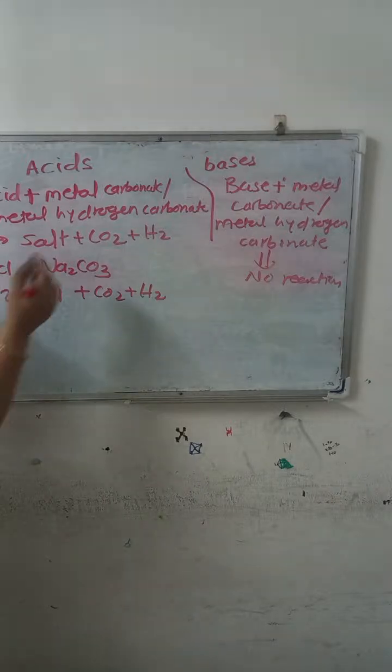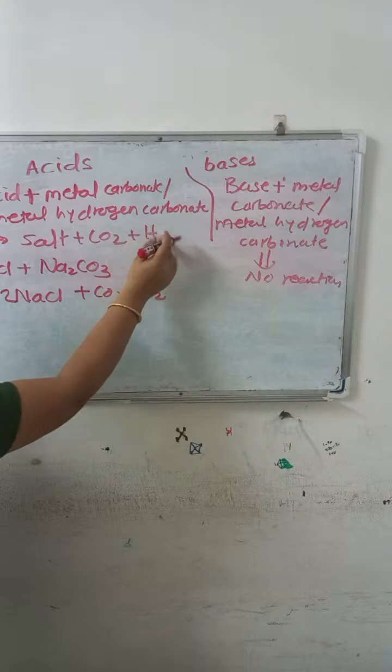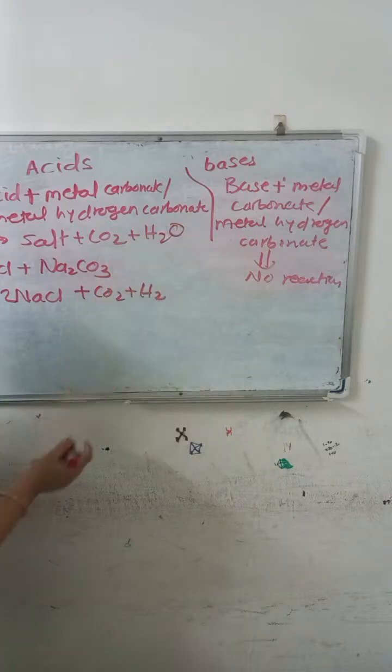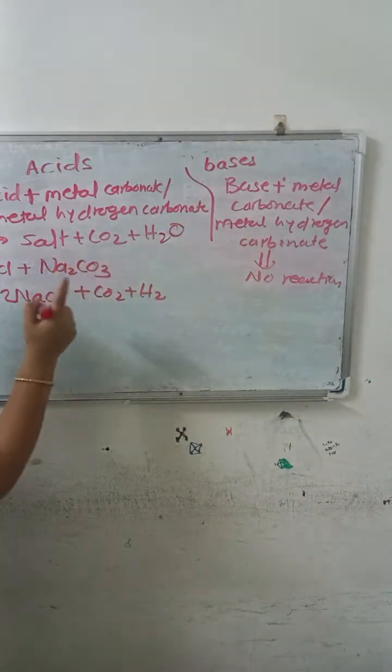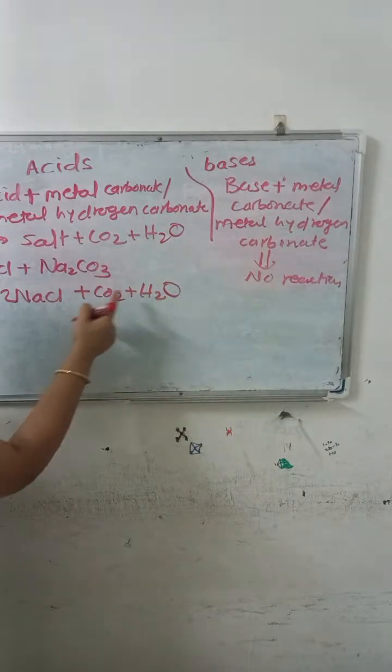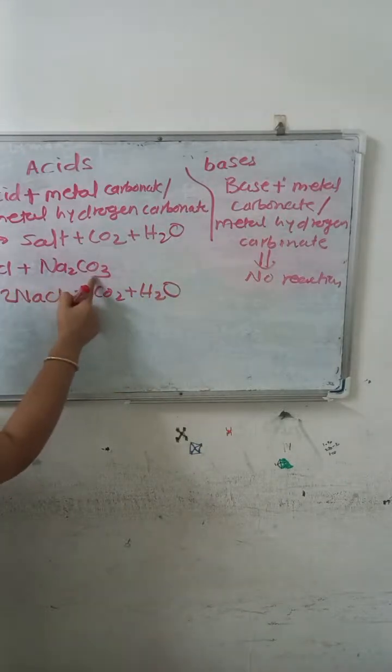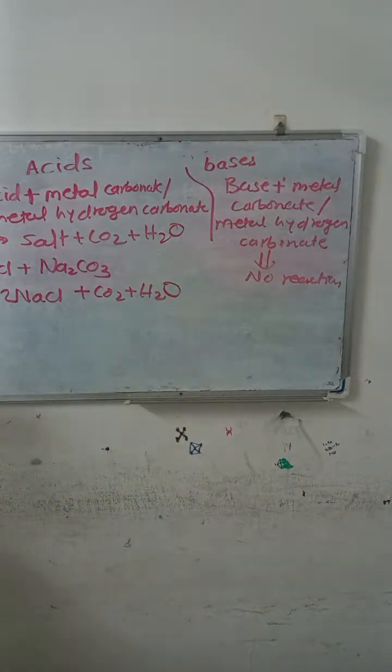Sorry, here H2 gas is not liberated. Actually H2O is the end product. Okay, make it H2O. Now check the balance: 1, 2, 3. Yes, 3 are there. So this is your reaction.